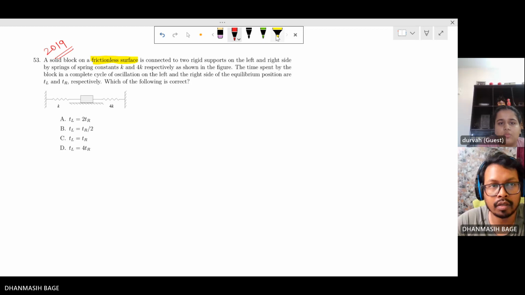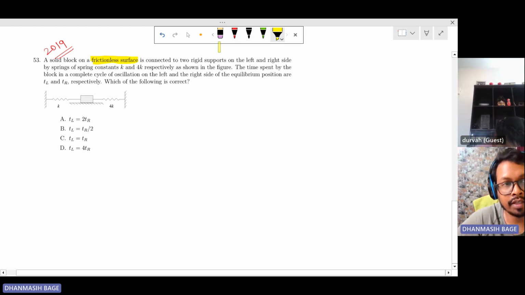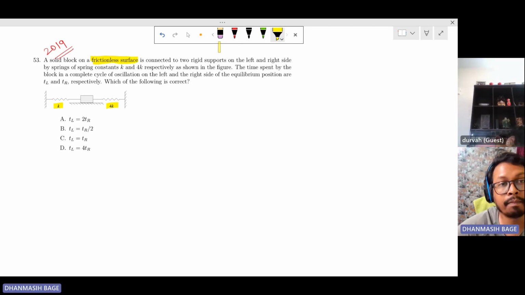A solid block on a frictionless surface is connected to two rigid supports on the left and the right side by springs of spring constant K and 4K respectively, as shown in the figure. So see, the spring constants are not the same. The time spent by the block in a complete cycle of oscillation on the left and the right side of the equilibrium position are TL and TR, respectively. Which of the following is correct?